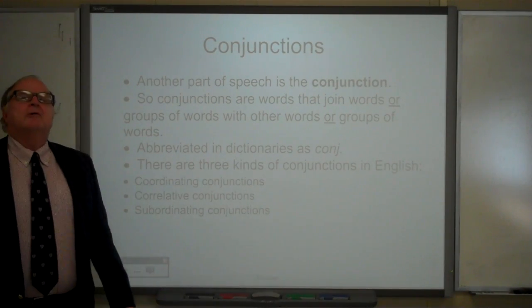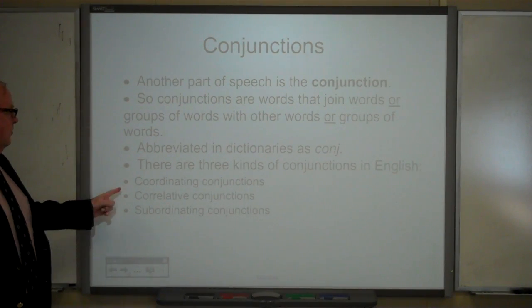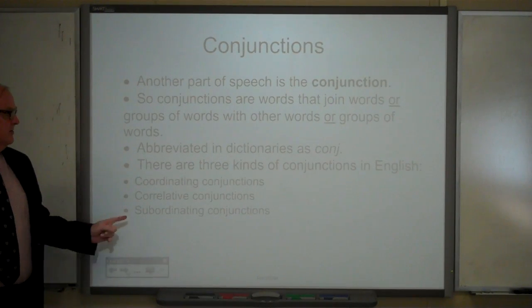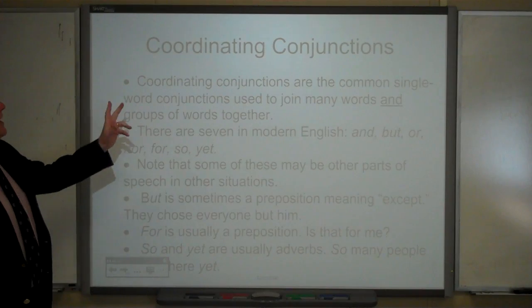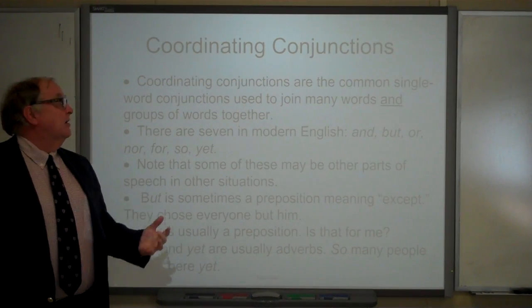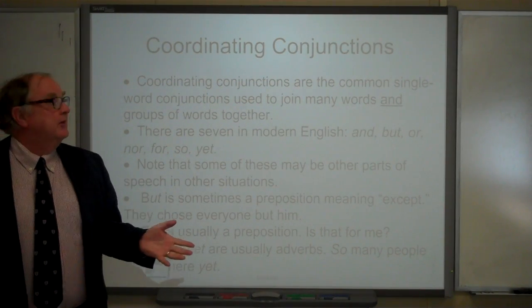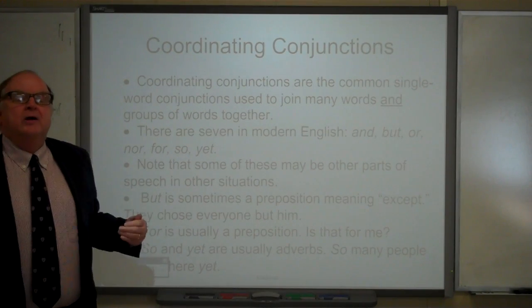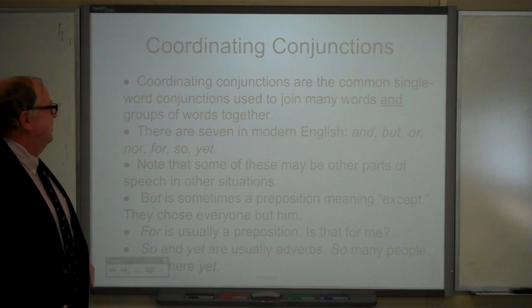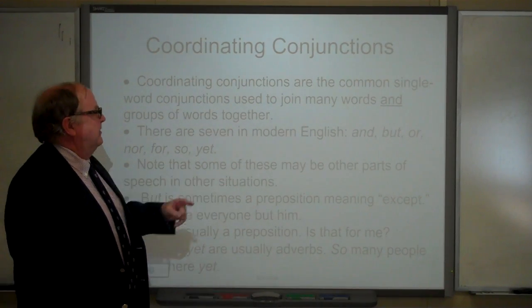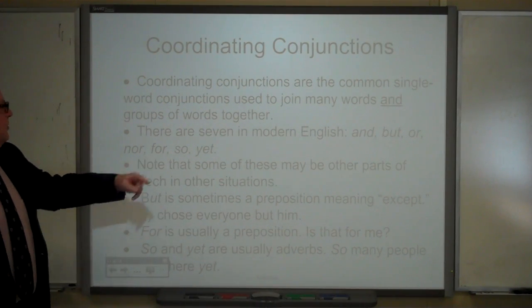And in English there are three kinds of conjunctions: coordinating conjunctions, correlative conjunctions, and subordinating conjunctions.